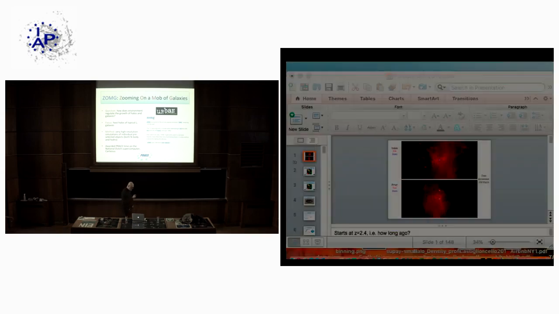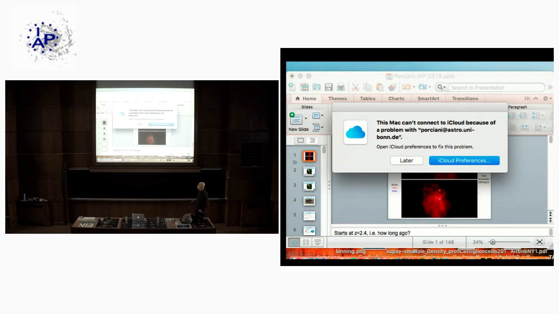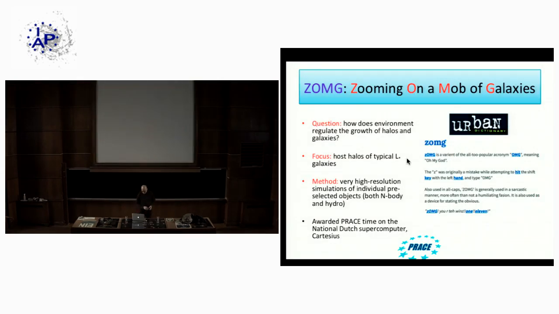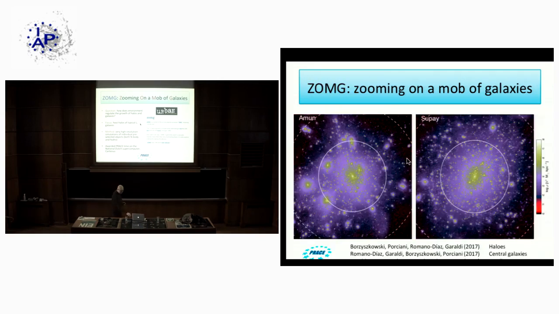We got some PRACE time for that, and we used it to run a series of extremely high resolution simulations, both dark matter only and then with hydro, to see what happens to galaxies in them.